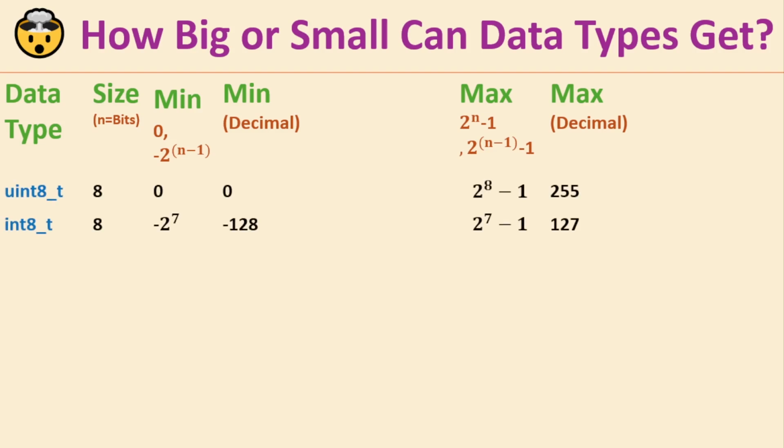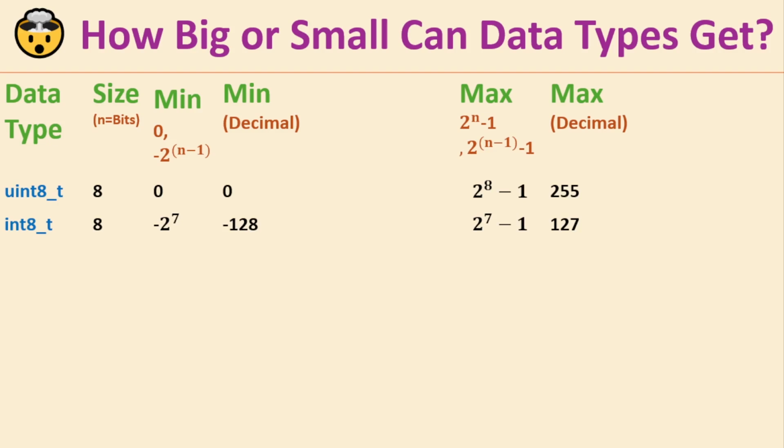An unsigned 8-bit variable can hold values from 0 to 2^n minus 1, where n equals 8. For signed variables, the last bit is used for the sign, reducing the total number of bits by 1.